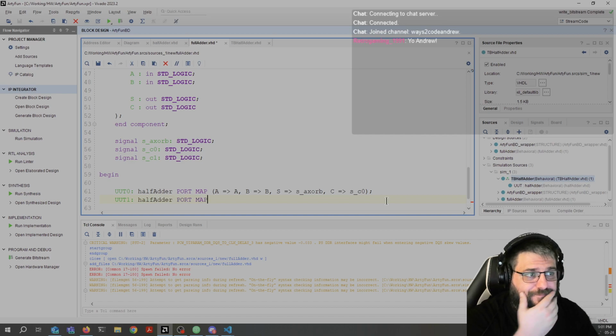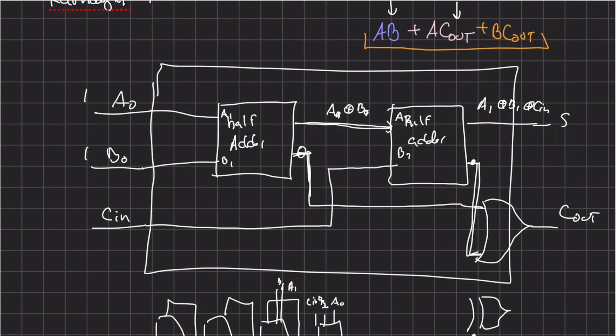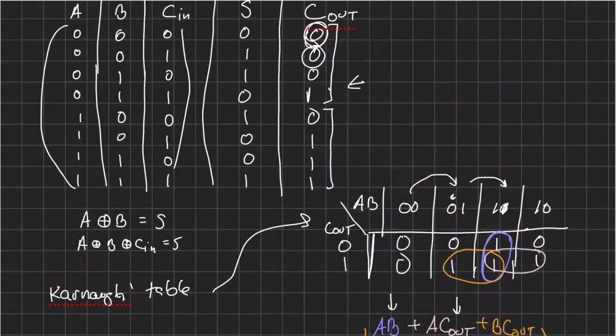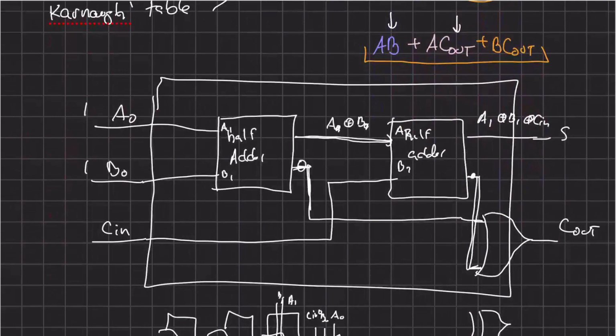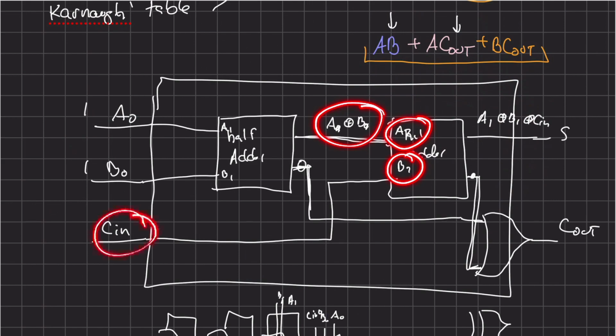All right, so now let's create the second half adder. Port map, and now the A connects to the A here, which connects to this, and the B connects to CN. So this is what I need to do now.